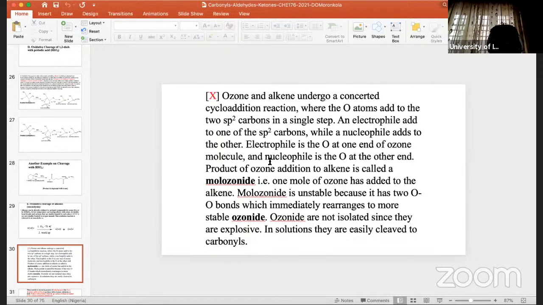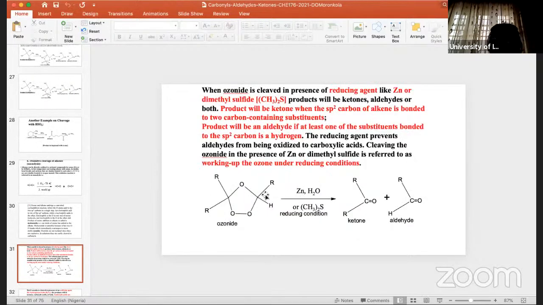How ozonolysis occurs: formation of the molozonide, and finally the ozonide, which is cyclic, and then the cleaving to carbonyls. So when the ozone, O3, attacks the double bond, we have this ozonide being formed. That's the cyclic structure. Now let's consider it one by one.